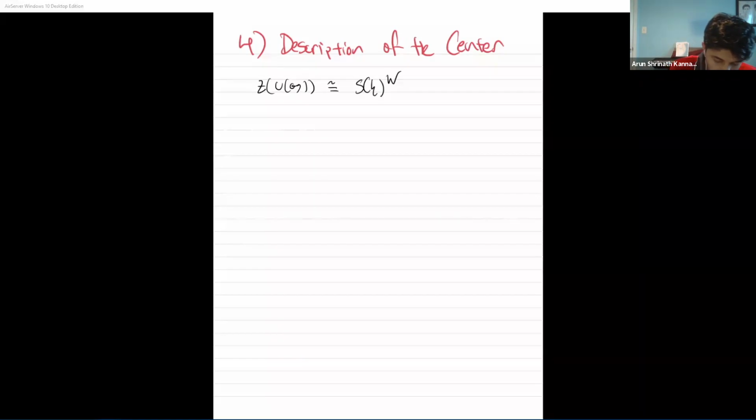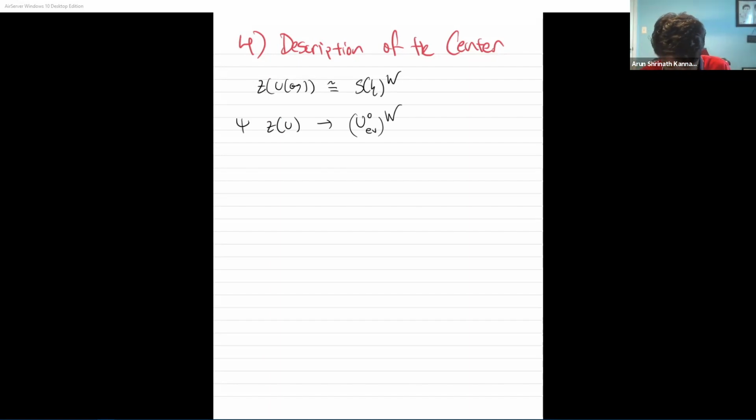The quantum analog is a statement about the center of the quantum group. What we're going to show is that we can produce an algebra isomorphism from the center to this object we just defined, U0 ev, the Weyl group invariants. This map, which we'll call the quantum Harish-Chandra homomorphism, is what we'll concern ourselves with in this lecture.